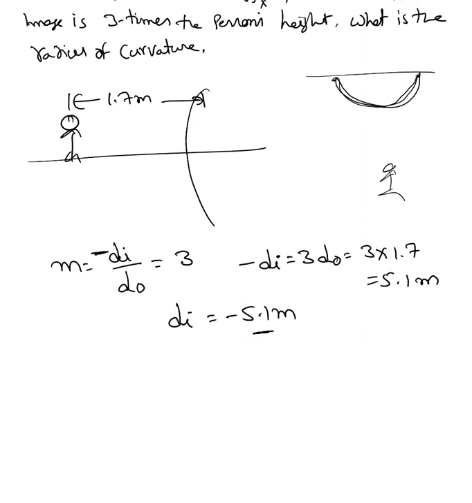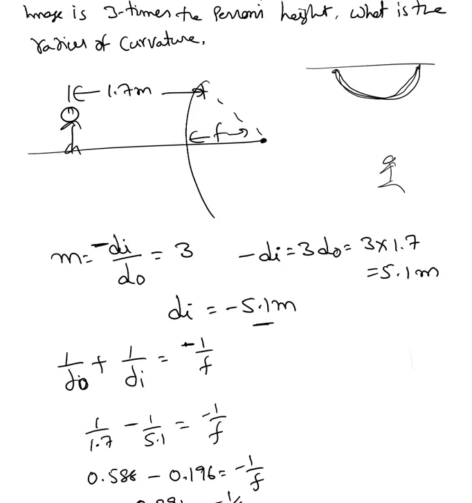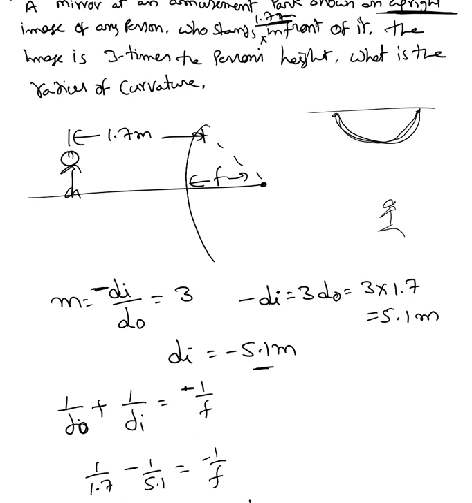Now the radius of curvature. It's a convex mirror, so f is going to be somewhere here. For the convex mirror, 1 over d naught plus 1 over d_i equals minus 1 over f.